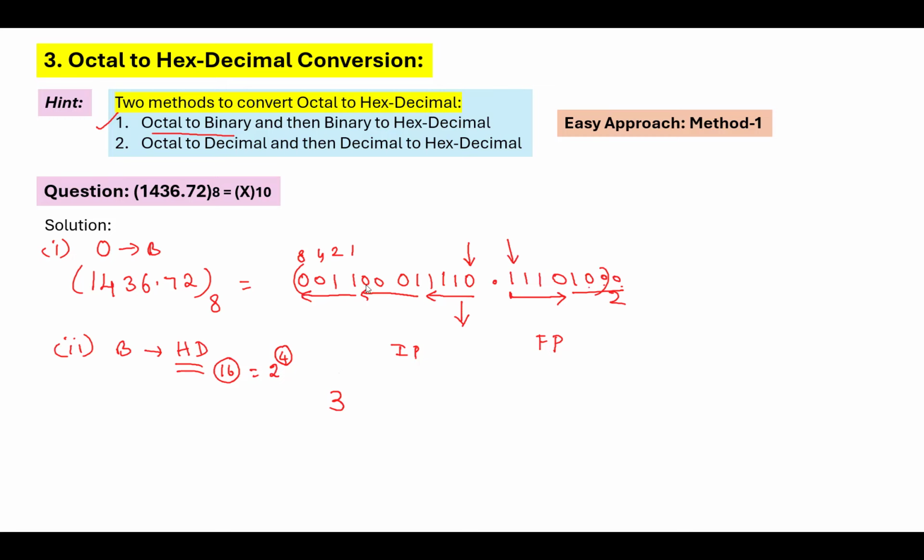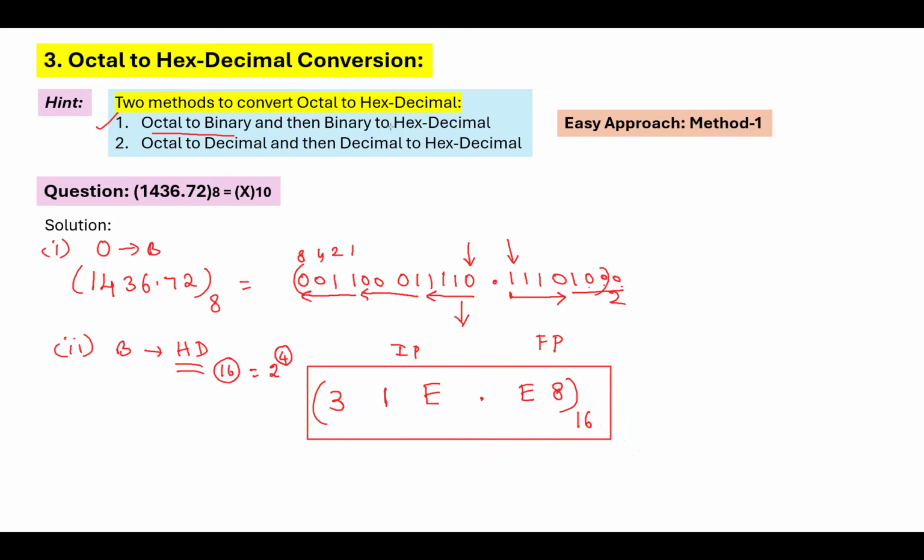For the second group, 0, 0, 0, 1, its equivalent value is 1. For the third group, 1, 1, 1, 0 means 8 plus 4 plus 2, its equivalent value is 14. But instead of 14, we should replace it with E. Next, 1, 0, 0, 0 means its equivalent value is 8. This is our required hexadecimal number for the given octal number.